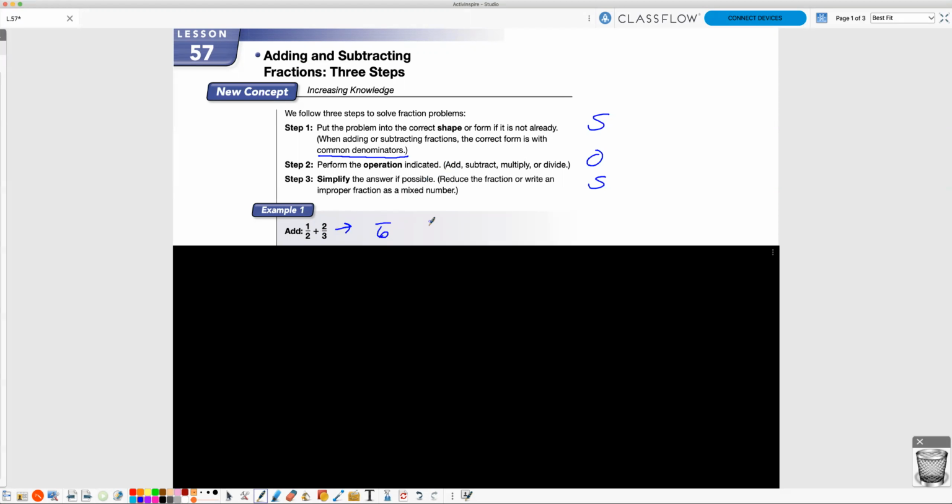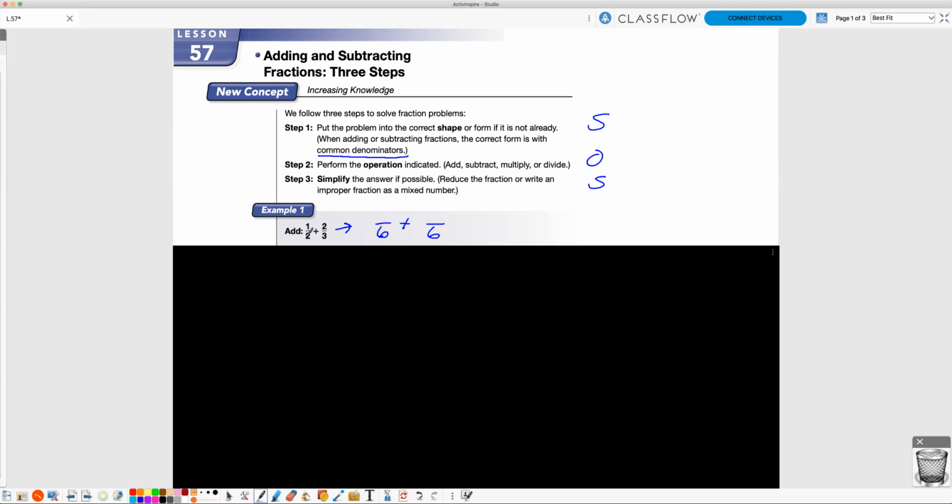It looks to me like 6 is going to be the one that we're going to choose for both of these because 6 is a common multiple of 2 and 3. If I was to list the multiples of 2: 2, 4, 6, 8, 10, 12 on to infinity, and the multiples of 3: 3, 6, 9, 12 on to infinity, you can see 6 is the least common multiple of the 2.